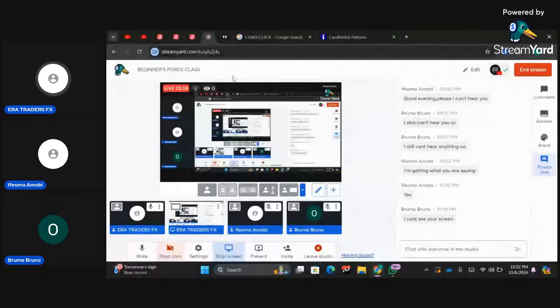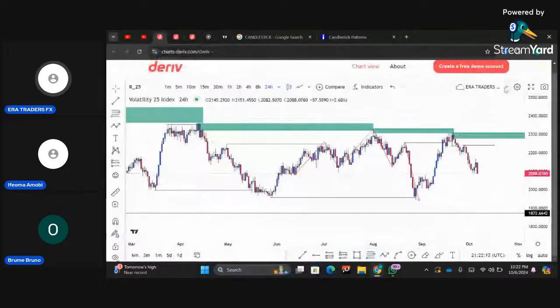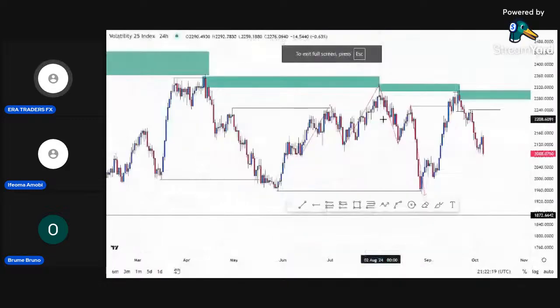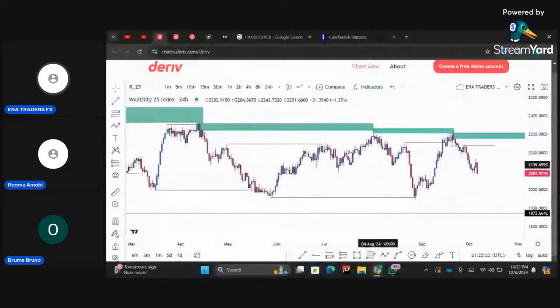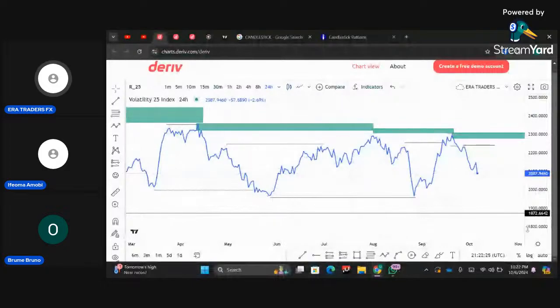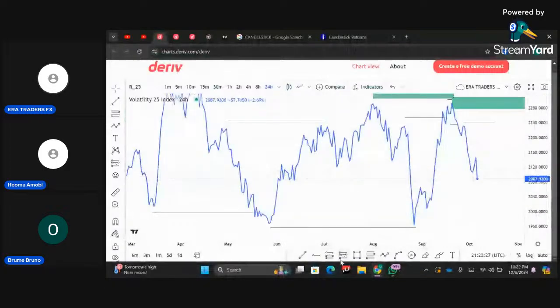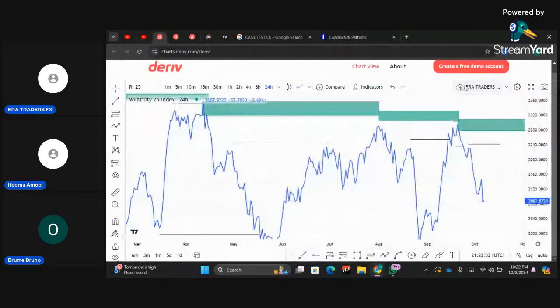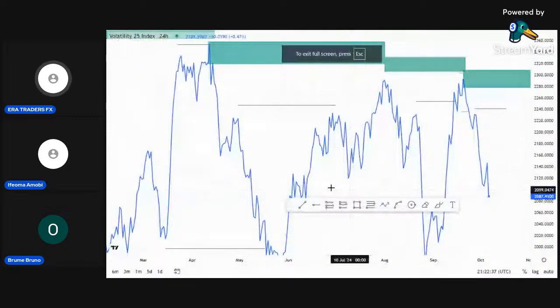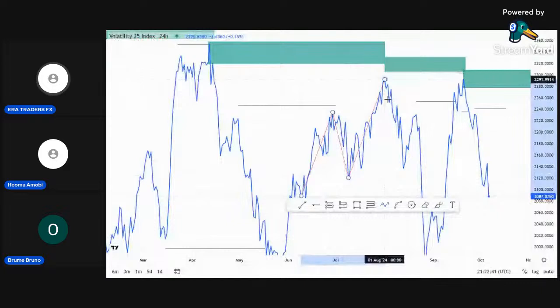So the head and shoulder. Let me change this to a line chart and see what I'm saying. Can you now see it? It came here, came down. Price came here, came down, came here, came down, came here, and dropped.